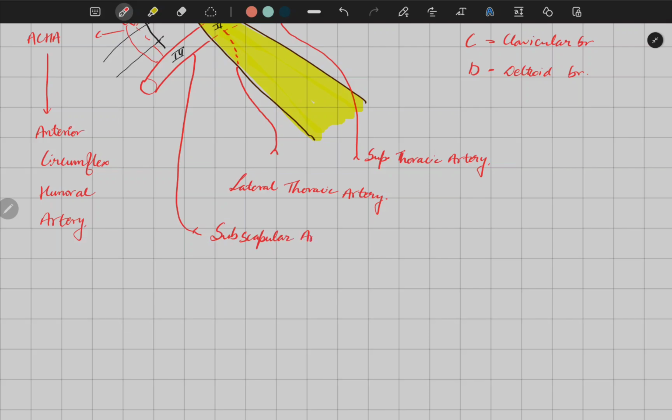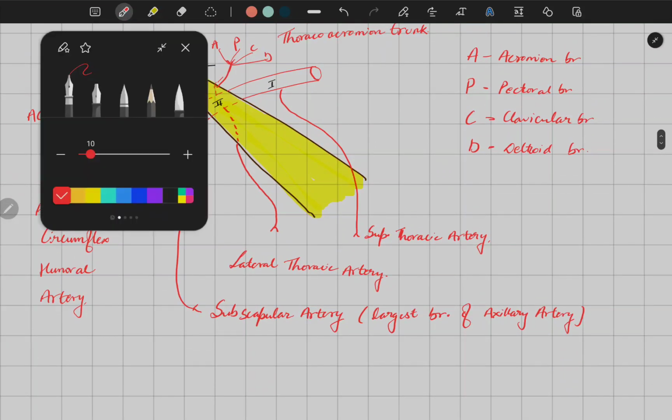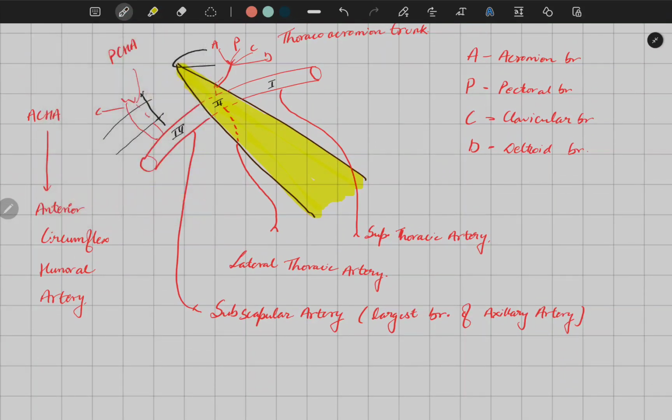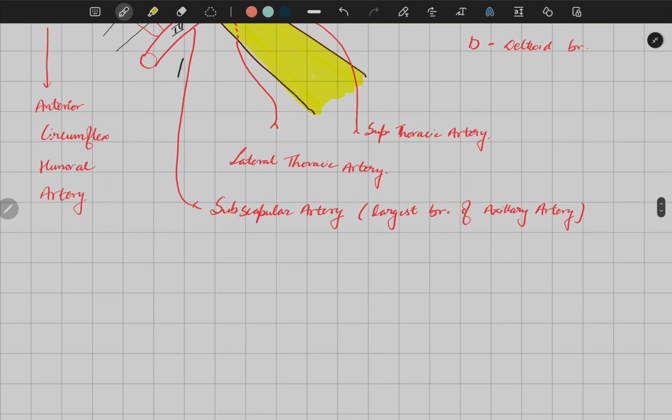Subscapular artery. So since this is the subscapular artery, this is the largest branch of the axillary artery. Along with it, there is a nerve that passes with the subscapular artery, and I hope you all can guess what nerve it is.